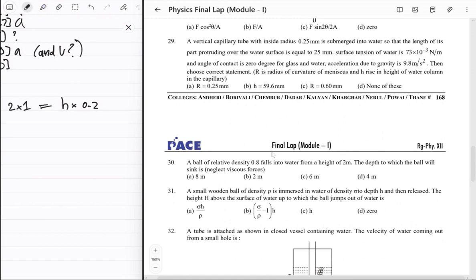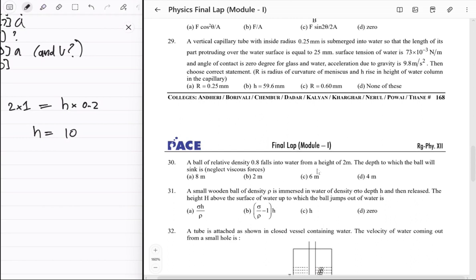Yep, that is the same, so h is just equal to 10, right or not? Why is that not there? God, the ball will sink, neglect viscous forces, sure. The ball will sink, वो वहां तक जाएगा and then it's gonna go up.